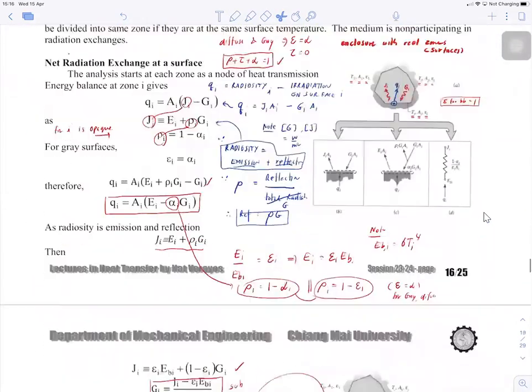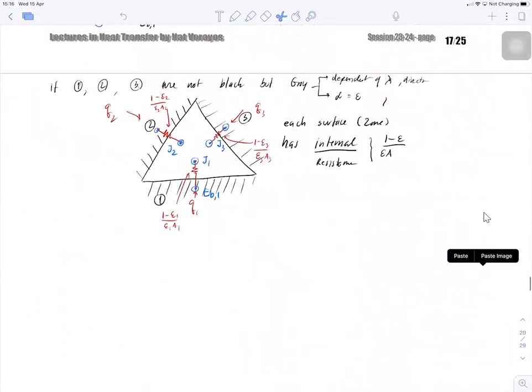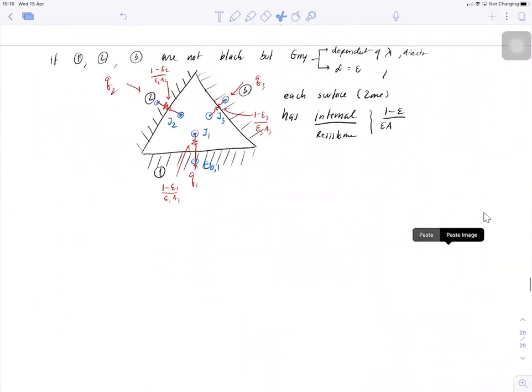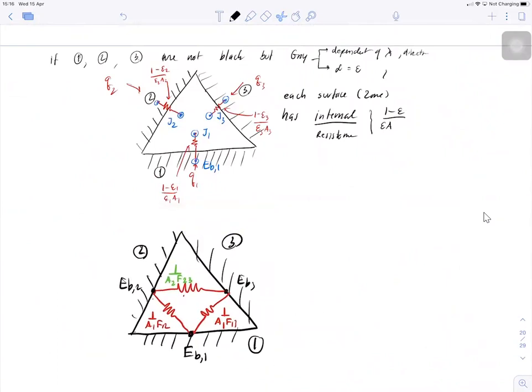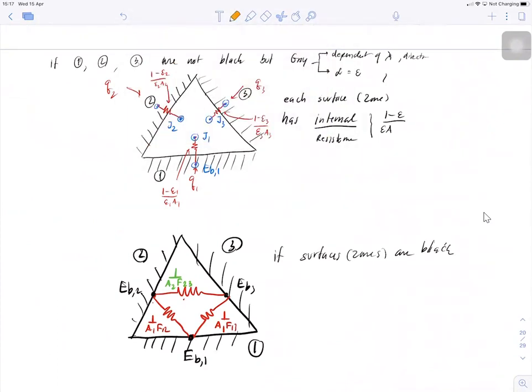Make the comparison with what I just wrote down there. If the surface or zone is black, versus not black.